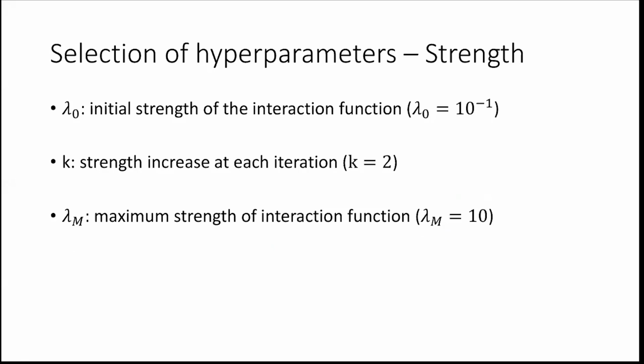The selection of hyperparameters is quite simple. Let's say the strength hyperparameters, so lambda 0, k, and lambda M are the initial strength, the strength increase, and the maximum strength.